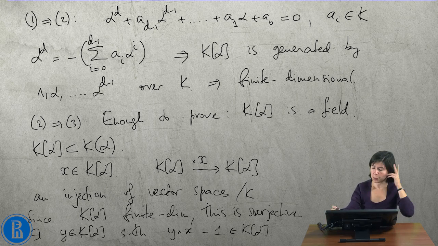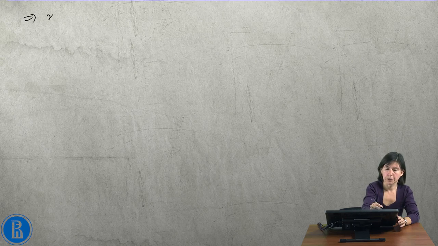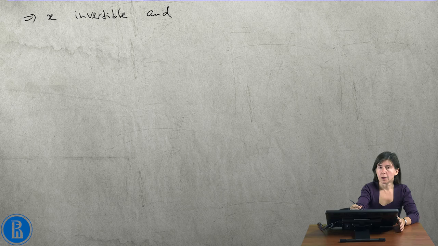So x is invertible, and K of alpha is a field.